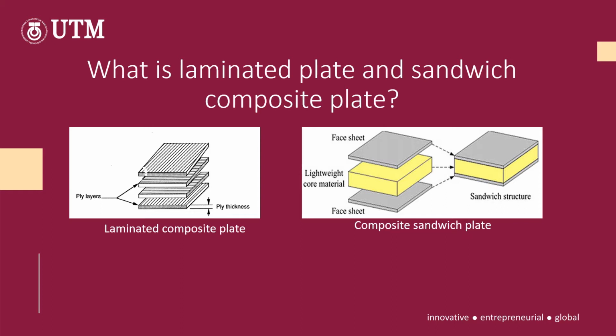composite plate. Firstly, what is laminated composite plate? Laminated composite plate is a composite material obtained by a combination of two or more materials which together have characteristics that separately usually cannot be achieved with reasonable cost.